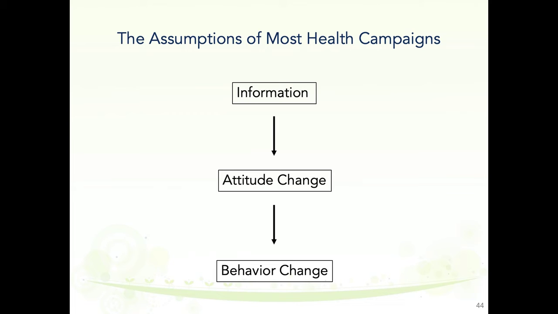This is true to the extent that information about the problem is critical, but it is not necessary for behavior change, which is a bit odd, and it's also not sufficient, which means that if you just have information, that often doesn't get you there, for example, if you have no infrastructure or no ability to actually change the behavior.